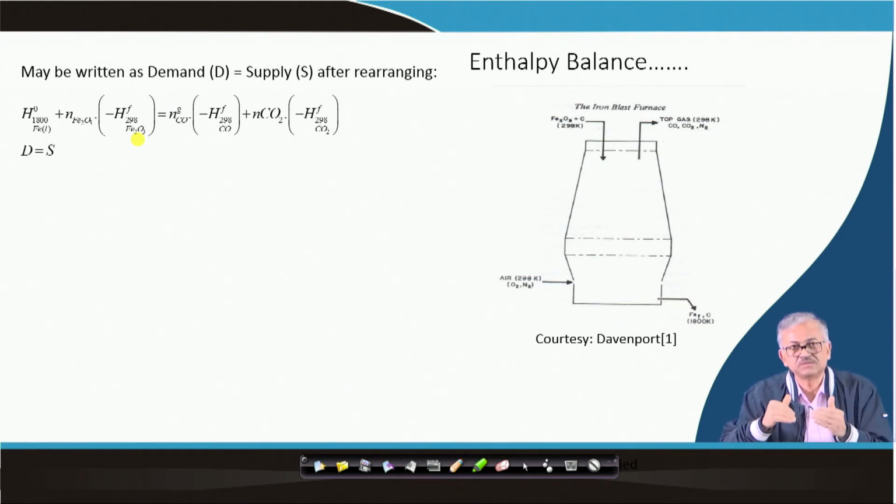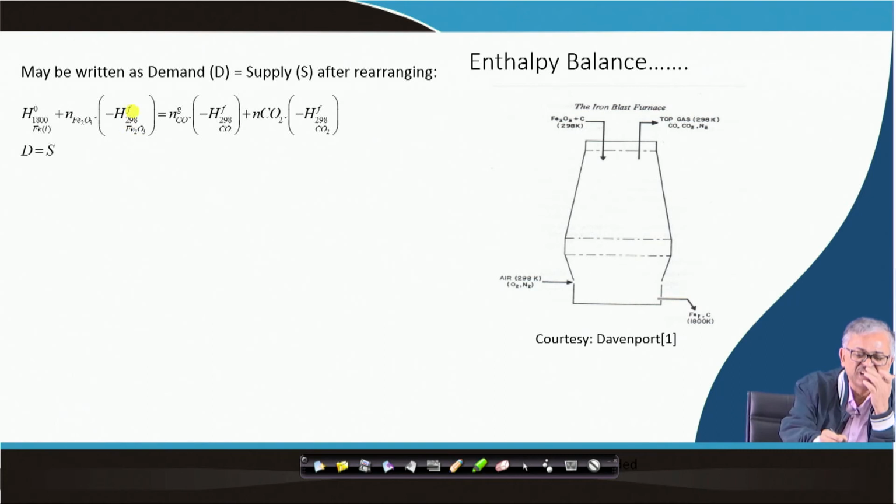But here just the reverse is taking place, we are decomposing the Fe2O3, it is highly endothermic. Since the heat of formation of Fe2O3 is negative, negative and negative will be a positive term. Okay.